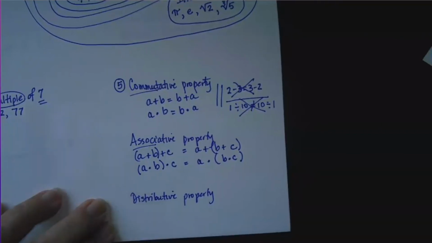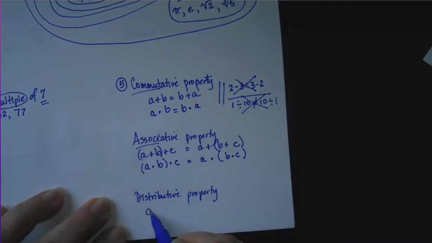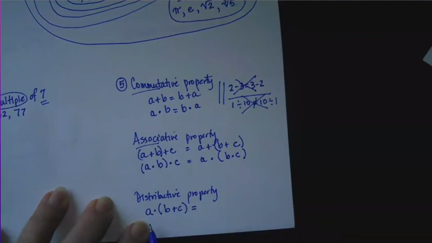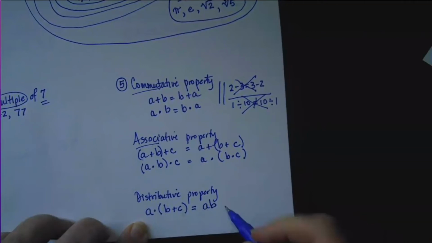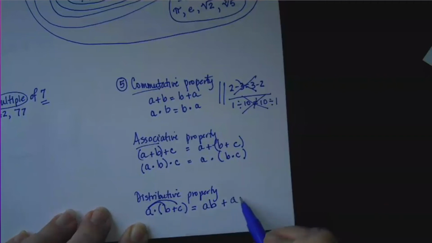Distributive property. The distributive property just means that if I have A times B plus C, then I can distribute this multiplication of A to both B and C. So it would look like AB plus, I'm also going to multiply C by A and get AC.